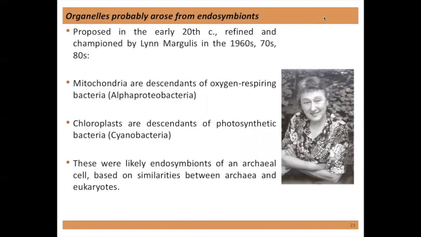And so mitochondria are actually descendants of oxygen-respiring bacteria. So these oxygen-respiring bacteria set up home inside another bacteria, and then eventually that host bacteria took advantage of its housemate and made it a permanent guest. And this is kind of interesting to think about.